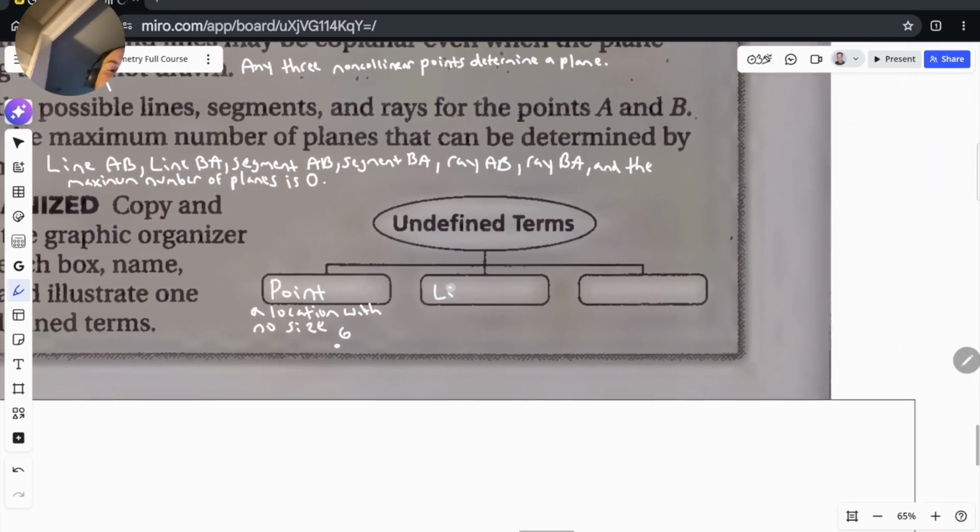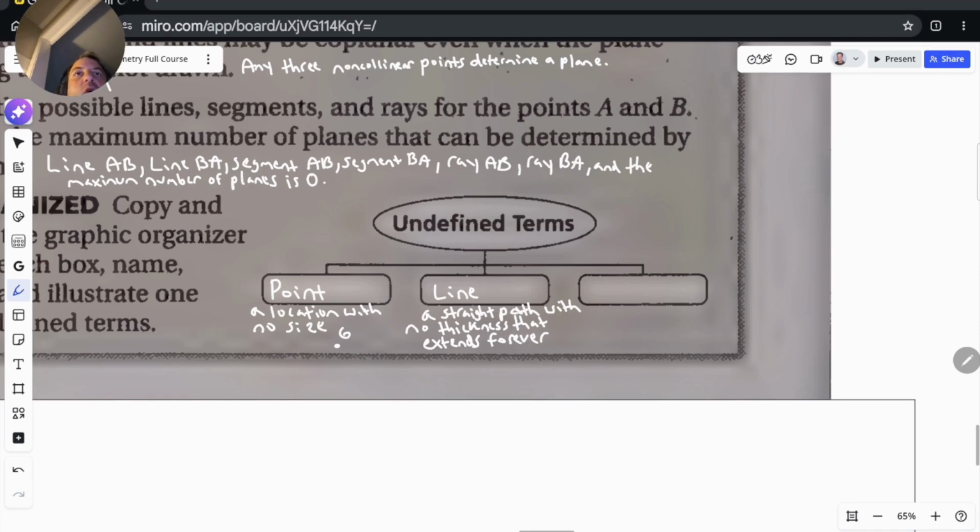Let's write line. We'll define that, a straight path with no thickness that extends forever.